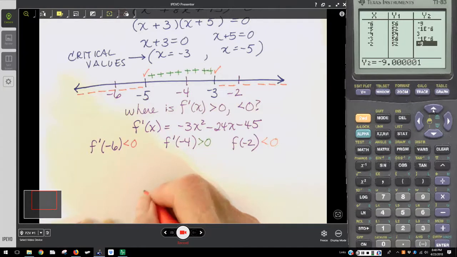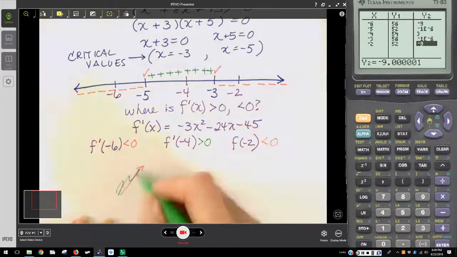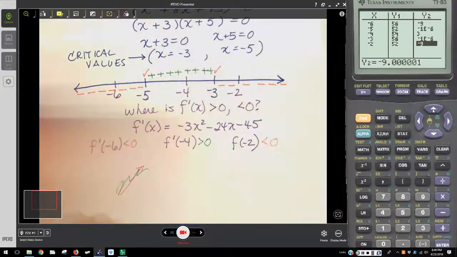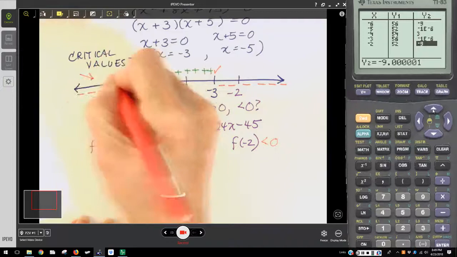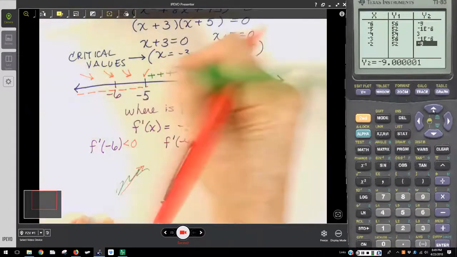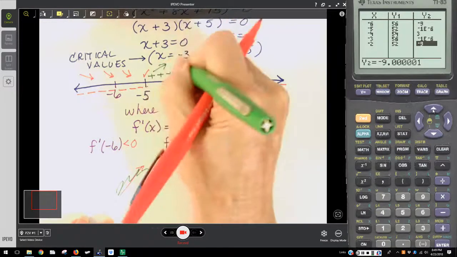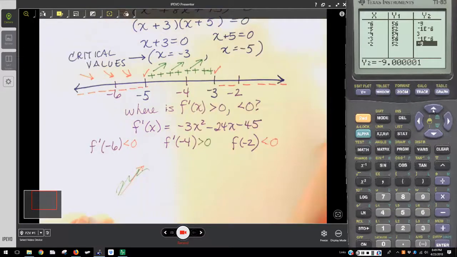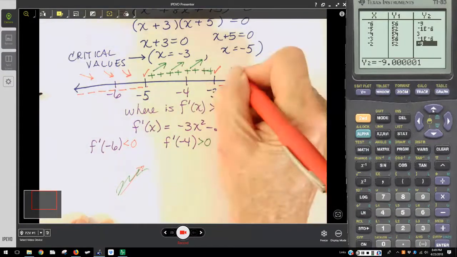is that, let's do this here, it is actually decreasing until it gets to -5. Then it increases and at some point reaches a maximum. And then at -3, it begins to decrease again.